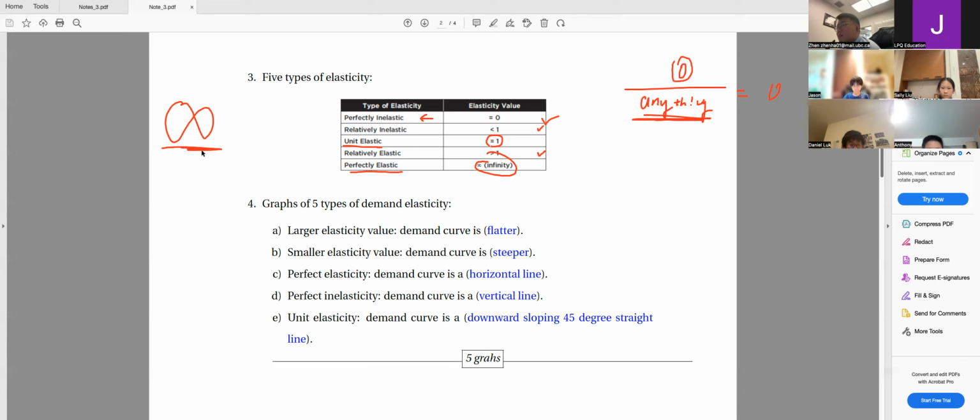But in math class it just means a very, very big number. If the elasticity value is a very, very big number, that means the consumers extremely care about price change. And the demand curve now is perfectly elastic. Okay, so if no questions.